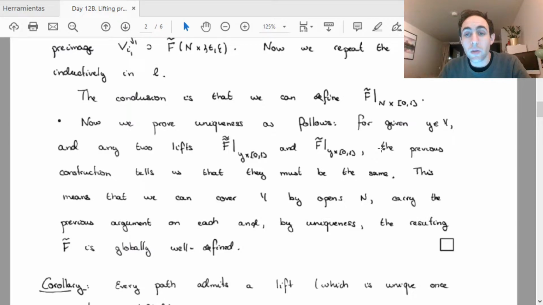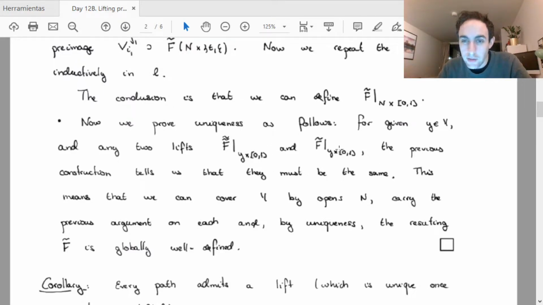Now we can do this for every neighborhood N of y, for every y. So that means we can define a lift in a neighborhood of each y, and we want to claim that this defines f tilde globally, and it does. Because whenever these lifts overlap, they are of this form, and as such they agree.